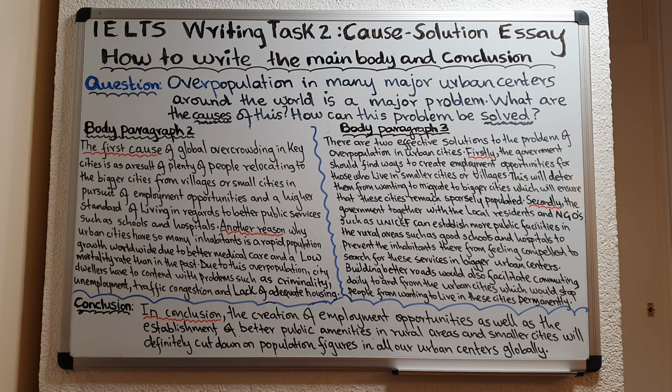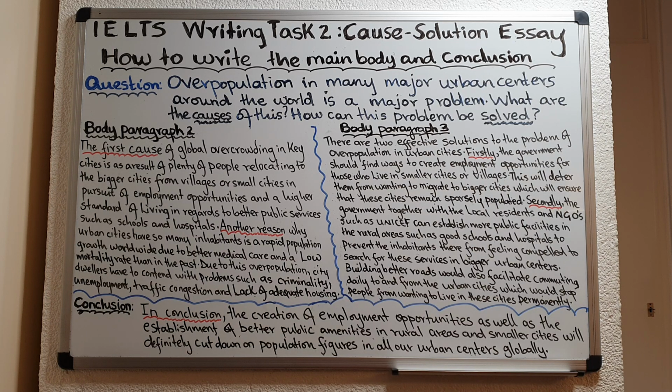So another reason why urban cities have so many inhabitants is a rapid population growth worldwide due to better medical care and a low mortality rate than in the past. So another cause of overpopulation all over the world is that nowadays we have a very rapid population growth.